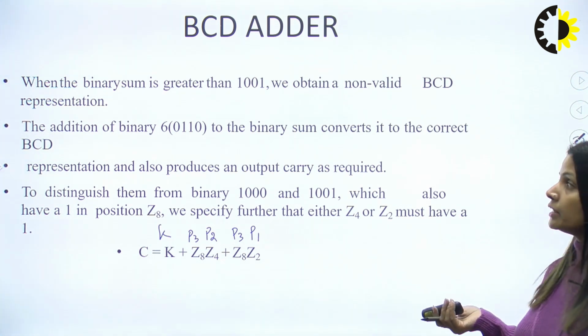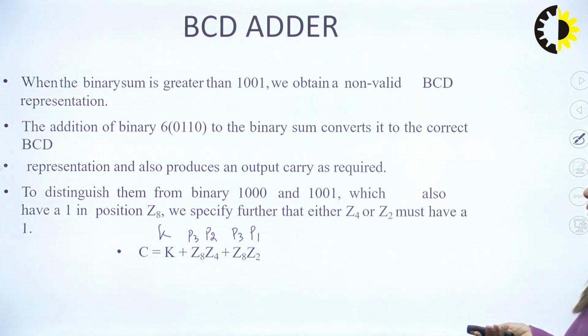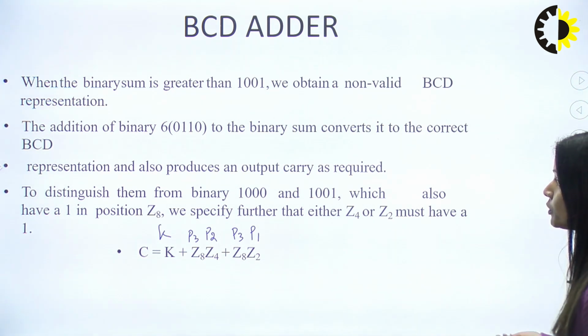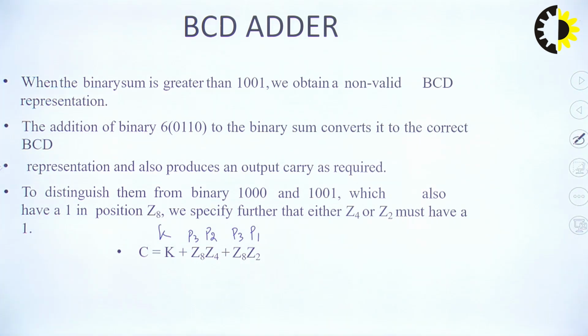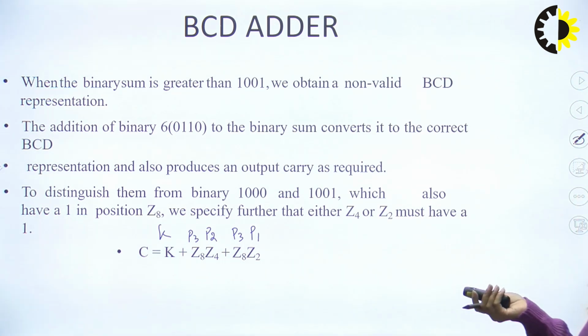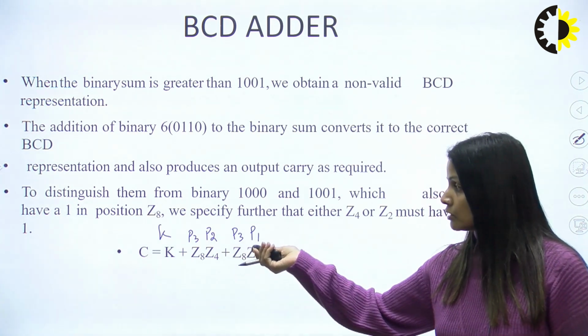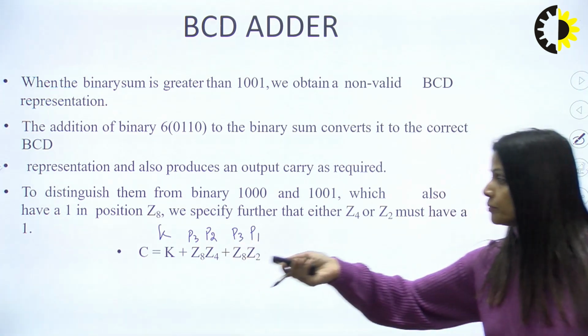The addition of binary 6 is taking place, and the representation also produces an output carry as required. To distinguish them from binary 1000 and 1001, which also have a 1 in the position Z8, we specify further that either Z4 or Z2 must have a 1. Z8 and Z4, Z2 are the outcomes which I can represent as P1, P2, P3.